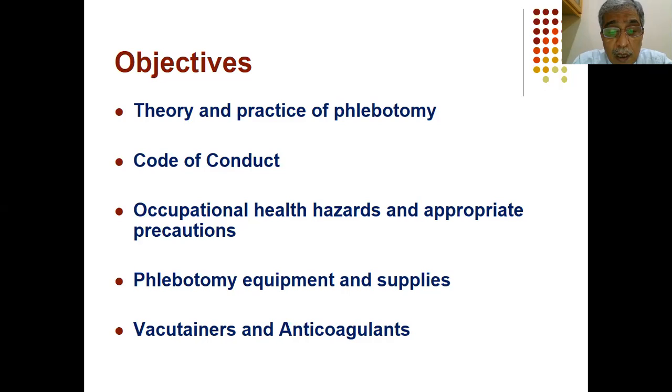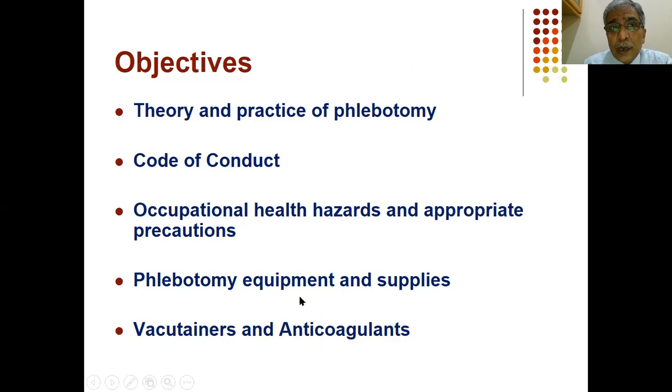Then phlebotomy equipment and its supplies: what different components are required, what different tubes are required, what different types of phlebotomy trays, items that a phlebotomy tray contains, then vacutainers and anticoagulants. When we see the anticoagulants, they are very important. You have to understand the role of the anticoagulants, how anticoagulants work in each vial.